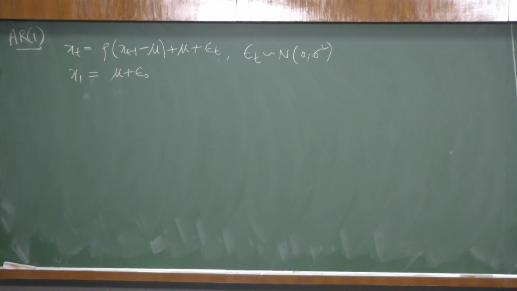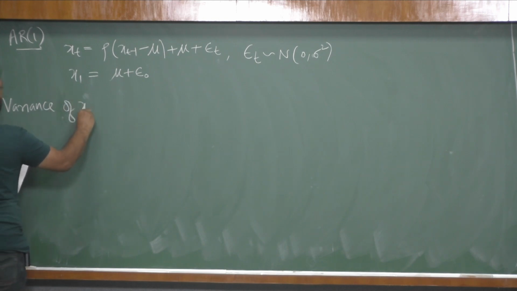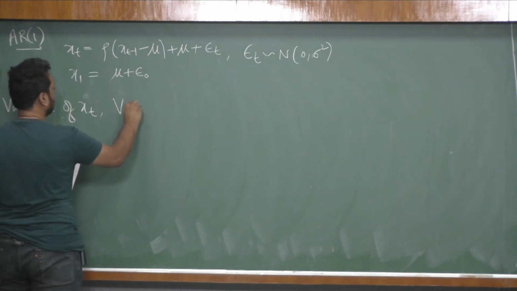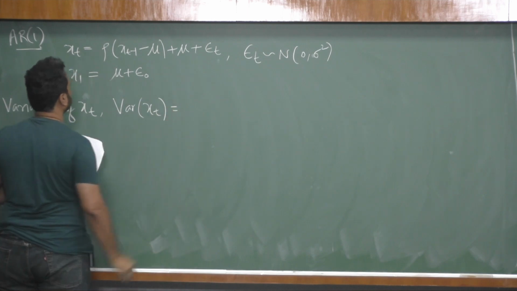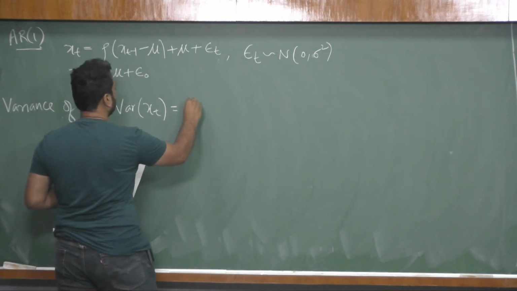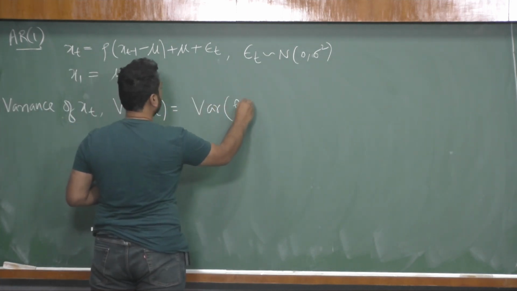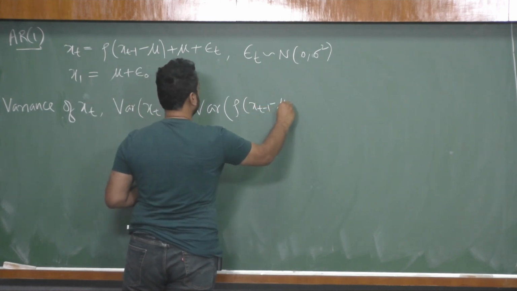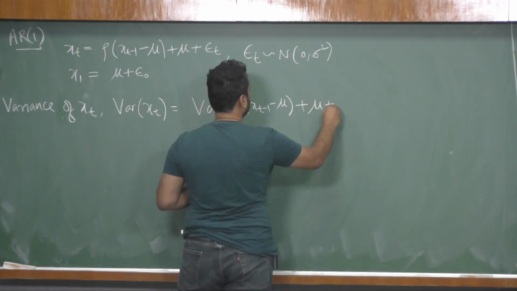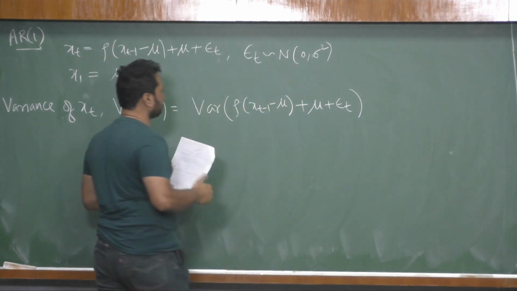So let us compute the variance of X t, denoted by Var of X t. This is the variance of rho times (X t minus 1 minus mu) plus epsilon t.